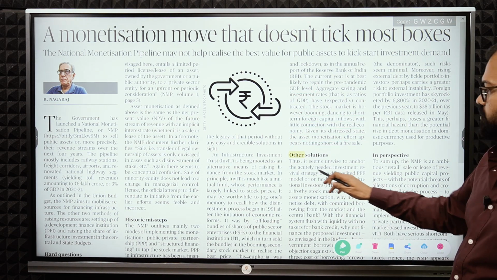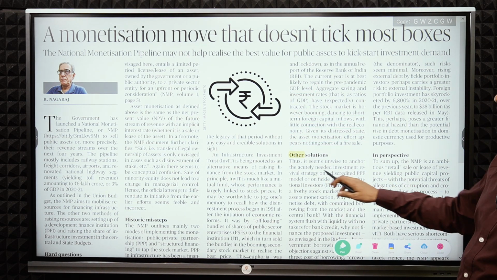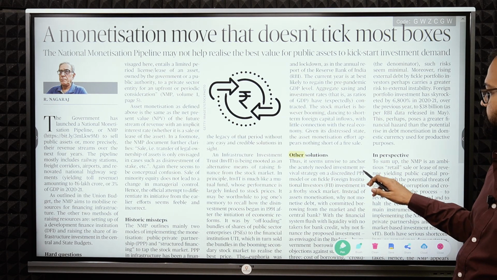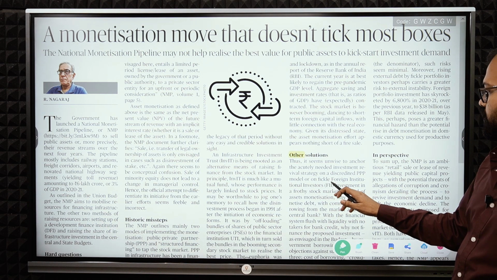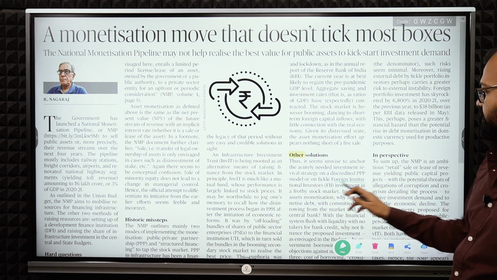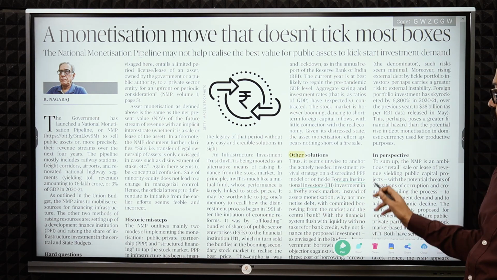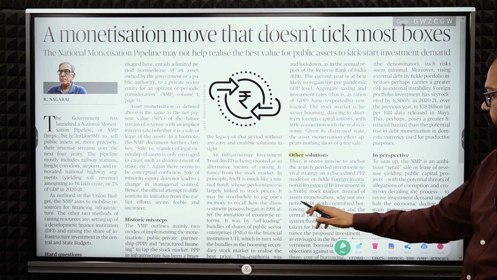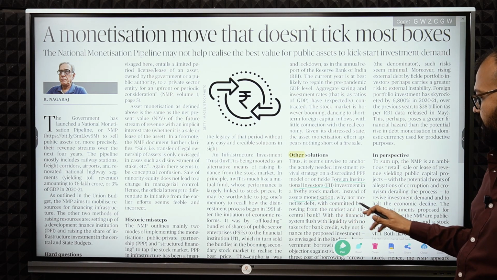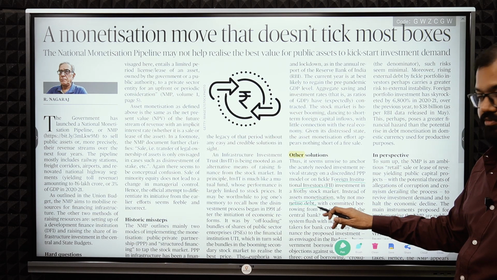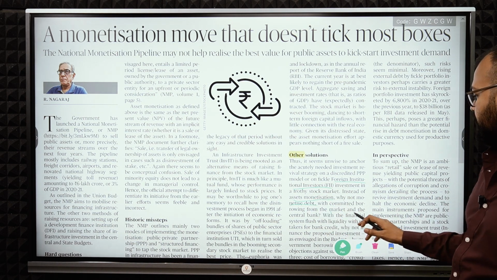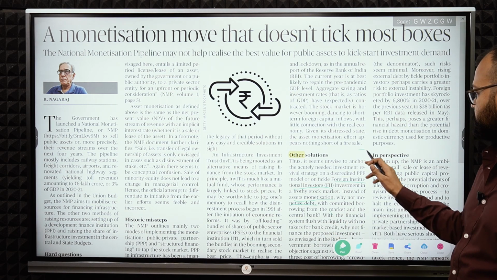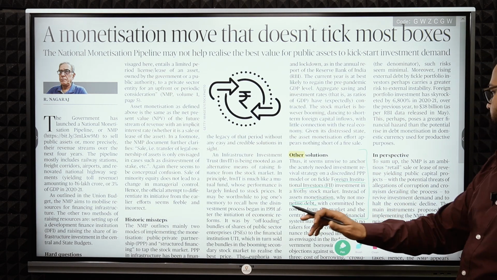Now what are the other solutions? It seems unwise to anchor the urgently needed investment revival strategy on the discredited PPP model, or on fickle FII investment in the stock market. Instead of asset monetization, why not monetize debt, which is very high, with committed borrowing from the market and the central bank? This is the question the author is asking.